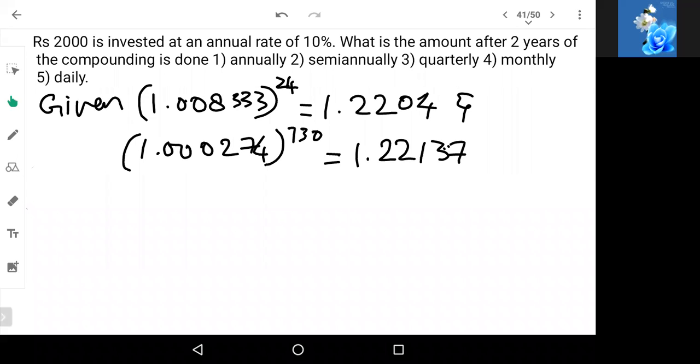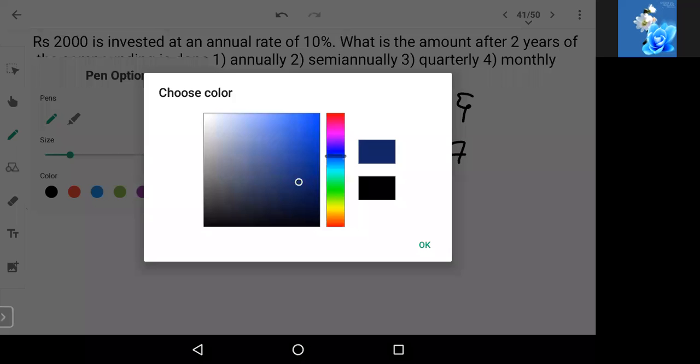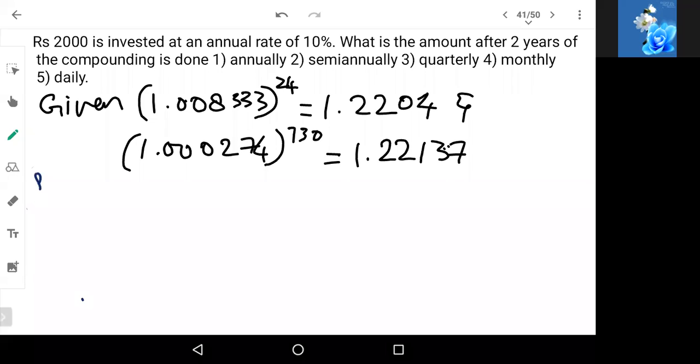So let us start. Firstly, let us write what all is given to us. 2000 is given. Rate of interest is 10%. Number of years is 2 years. So what is the first option? Annually.